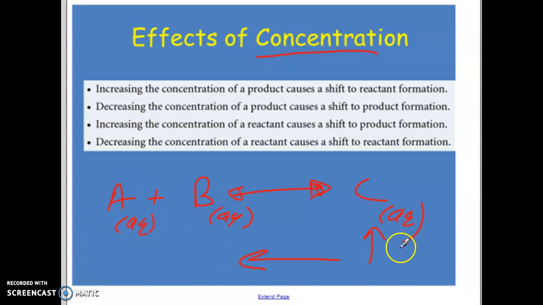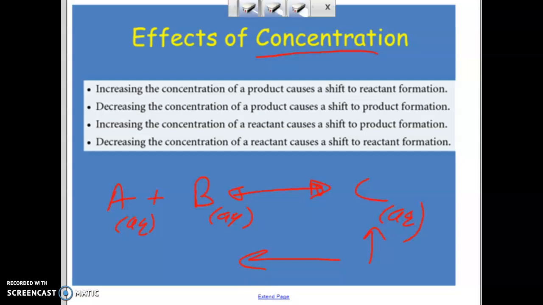So by adding in product, you're going to use up that product to make more reactant. Remember, this does not mean the forward reaction is not happening. It simply means that the rate of the reverse is now much quicker than the rate of the forward, causing the rates to no longer be the same.